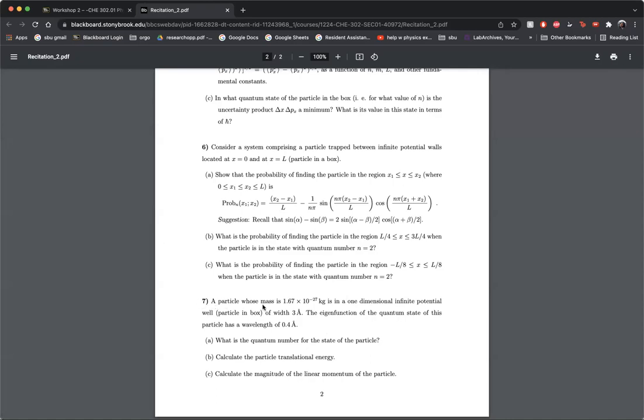So it says a particle, you're given the mass. It's a one-dimensional infinite potential well, and this is the width, wavelength, and then the energies. I think I remember this.